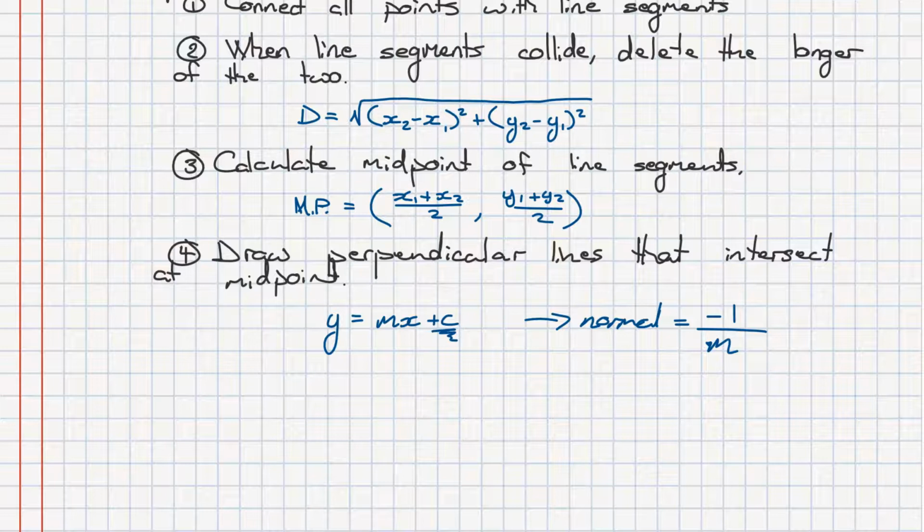Are you going to use general form, or are you going to use a different form? A simple way to do it is you can go c is equal to y1 take -m multiplied by x1, so the midpoint coordinates.